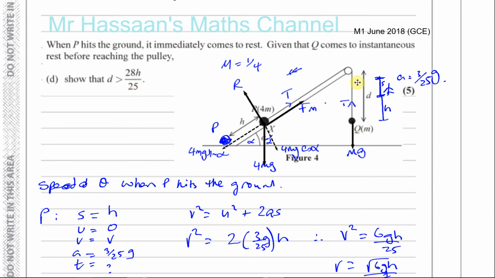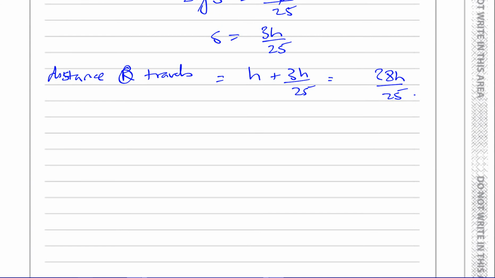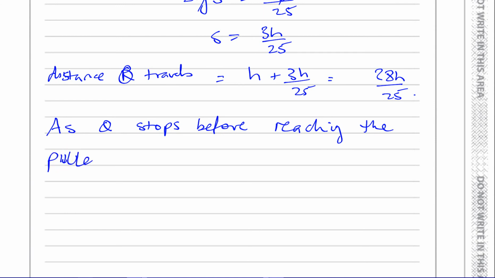So as Q stops before reaching the pulley, the distance d must be greater than 28h over 25.